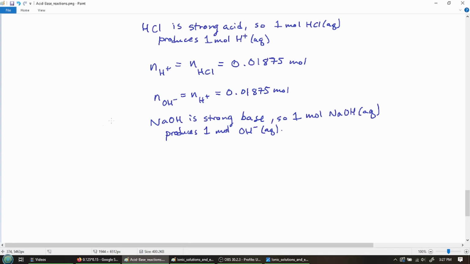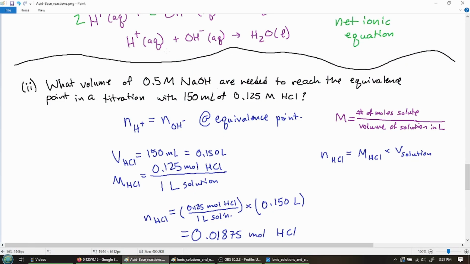In other words, we can also say that the number of moles of NaOH is equal to the number of moles of OH-, which is 0.01875 moles. Okay, well, we're nearly at the end of the calculation. What were we actually asked for?